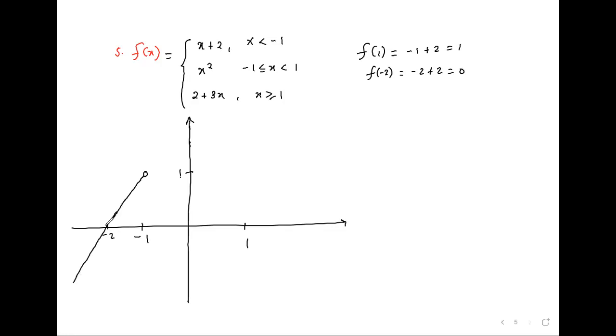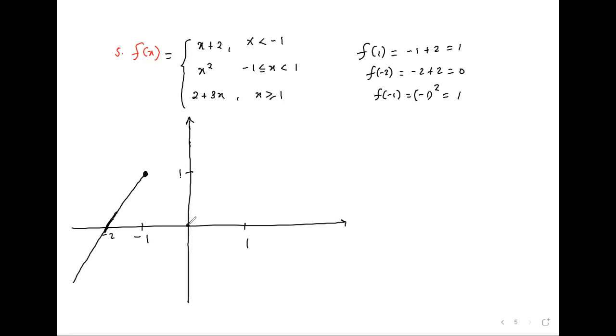We have a straight line, you see? Then on the other side, if you pick minus 1 and substitute in the middle function, you get minus 1 squared, which is equal to 1. So you come and close here. If x is 0, of course, you get 0.